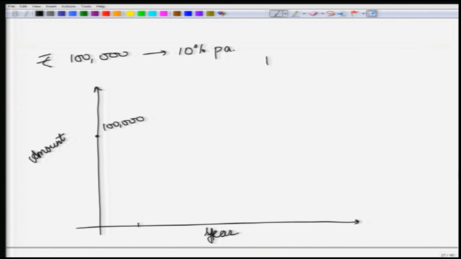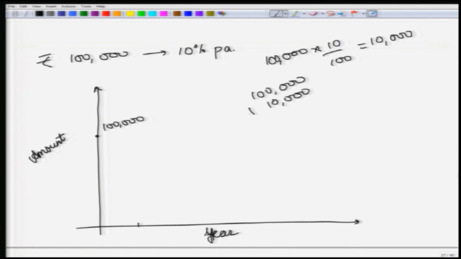So, the interest that we will have is 100,000 into 10 by 100 is equal to 10,000. So, at the end of 1 year, the amount that we have in this bank is now 100,000 plus 10,000 is 110,000 rupees.